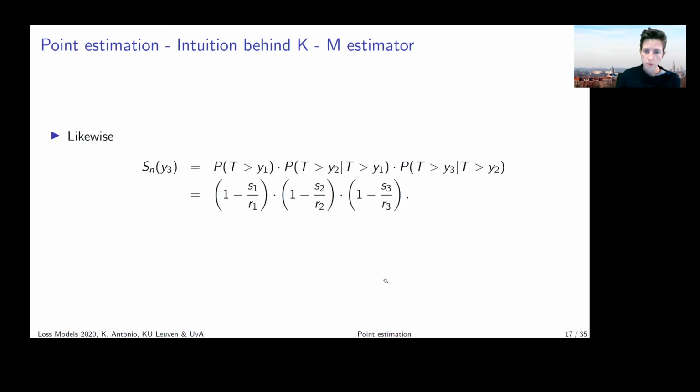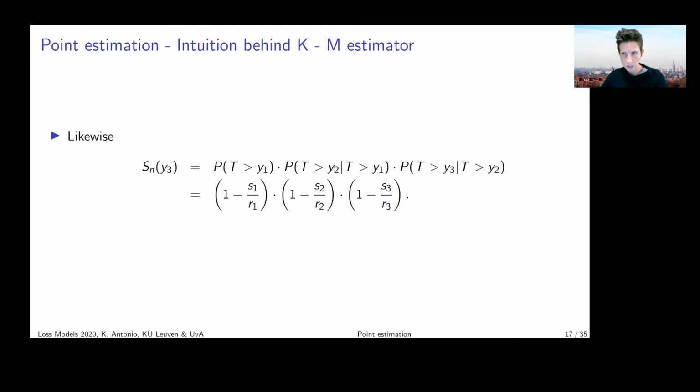We can build up this reasoning. The next step would be the probability that T is strictly larger than Y3. We can write it again with conditional thinking and get our expression as a product of 1-year survival probabilities. This is why we call the Kaplan-Meier a product limit estimator.